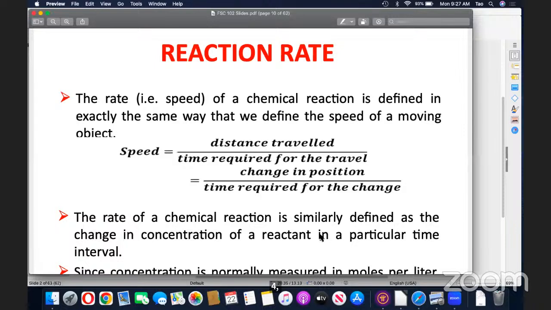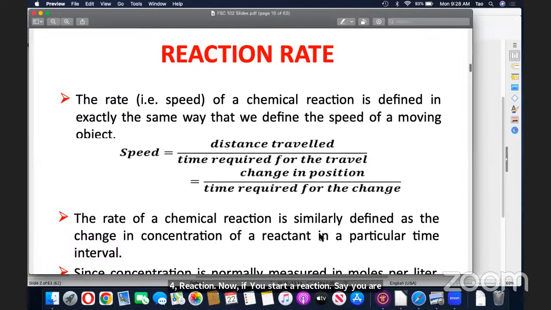Now, if you start a reaction, say you have reactant A plus B, just like we showed earlier, and you're starting with 20 mole per dm cube of reactant A. After 5 minutes, you check the concentration of that reactant A, and now you have 15 mole per dm cube.